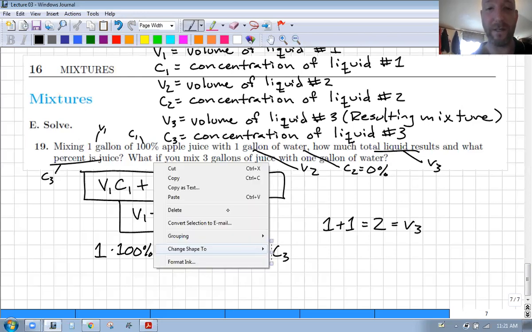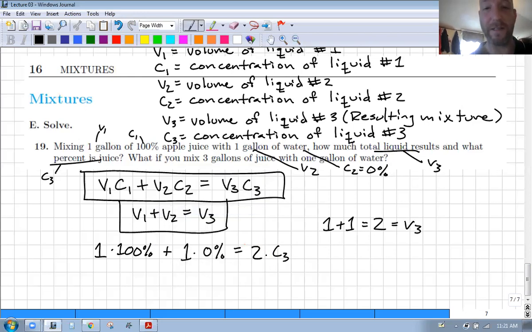So we could take V3, we know it's 2 gallons. What we need to solve for is the third concentration. So 1 times 0 is just 0. What we have here is 100%, because 100 times 1 is 100, equals 2 C sub 3.